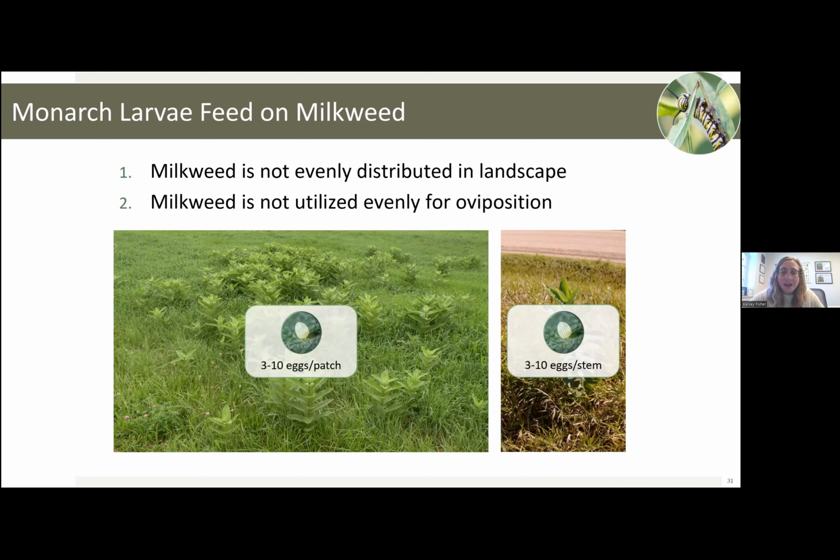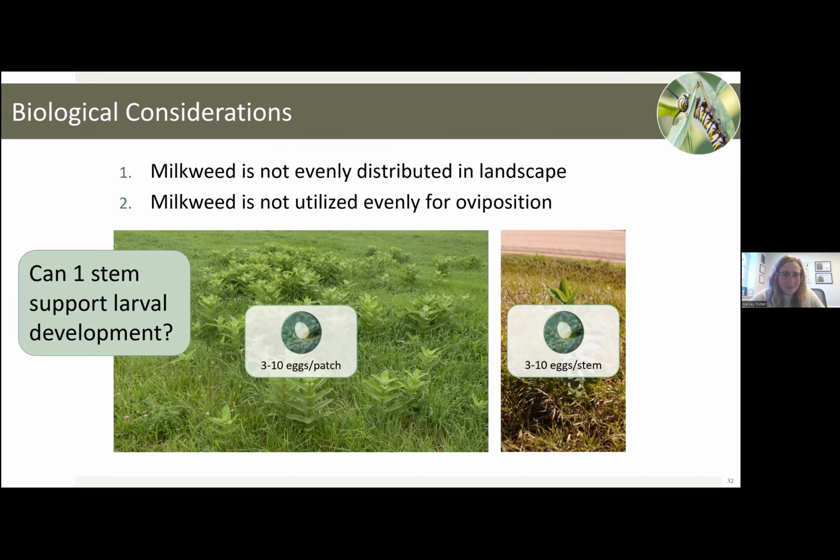In these big patches of milkweed, if you survey them, you might find 3 to 10 eggs in one patch. But also, if you have an isolated milkweed stem, you might find 3 to 10 eggs on one stem. That's very interesting, and it led to the question of, can one stem support larval development for one caterpillar, let alone up to 10? It seems like that might not be the case.